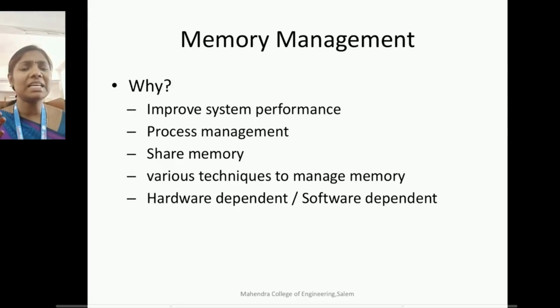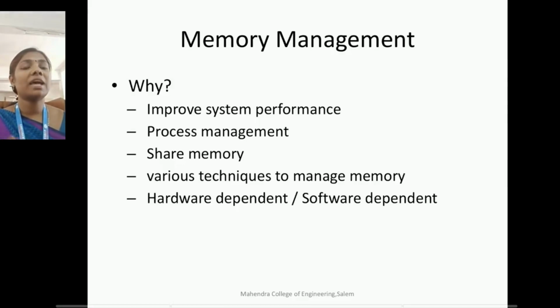A system comprises the CPU, input unit, output unit, memory unit, storage unit, control unit, and so on.